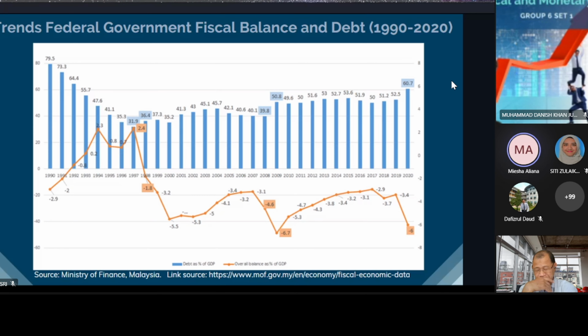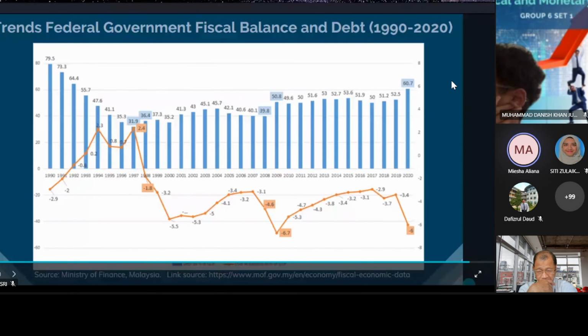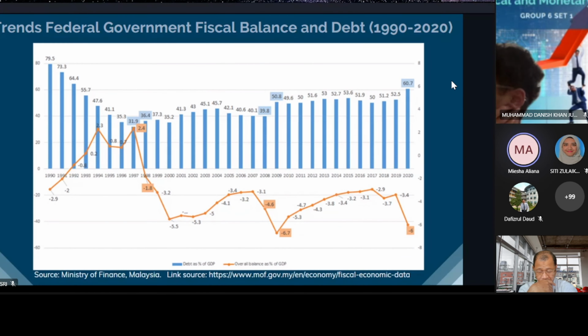The funds provided by the stimulus packages were allocated to projects that have high and immediate multiplier impact on the economy. The implementation of policy measures, however, had caused a marked increase in the deficit level. This is the higher deficit level between 2019 until 2020.